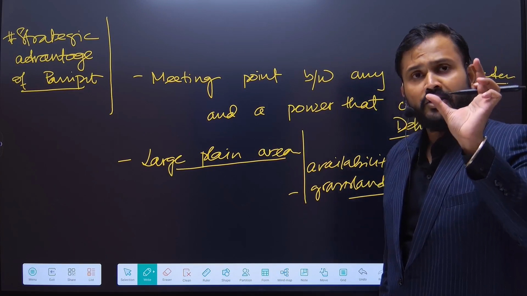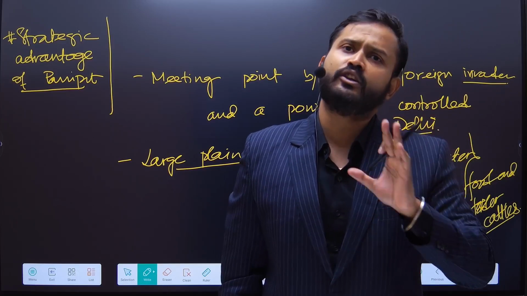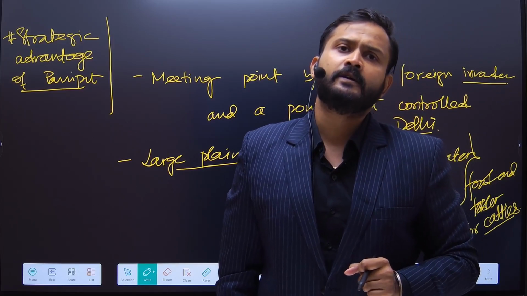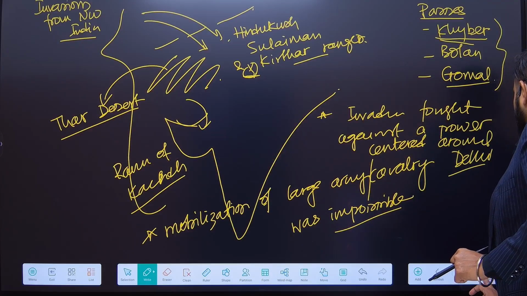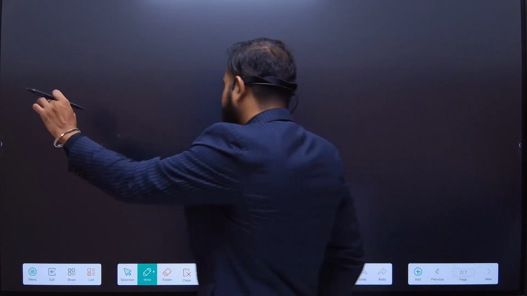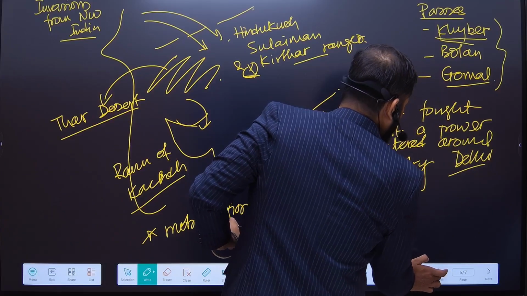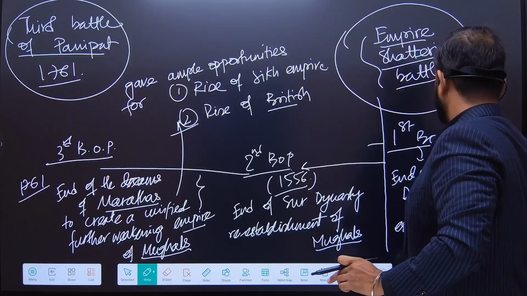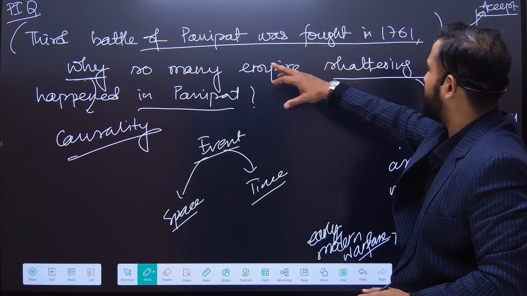See, when you are there in the examination hall, it is always will be very much commonsensical. You will not be knowing about the answer. Now, next component will be, see how we are structuring that. Let us come back to the exact question. Suppose third battle of Panipat, we are done with the answer basically.